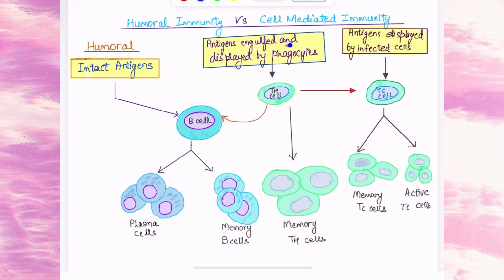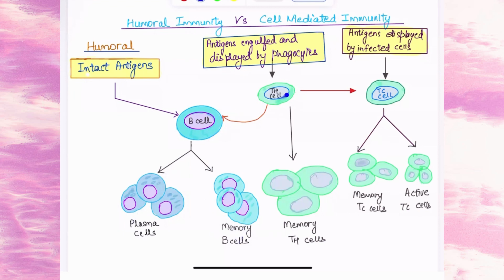Whereas antigens which are engulfed and displayed by phagocytes or antigen-presenting cells to the T helper cells are a linking step between innate immunity and adaptive immunity, where dendritic cells usually act as evidence collectors. They collect evidence in the form of antigen fragments and present them to the T helper cells. And then these T helper cells can communicate with B cells, resulting in plasma cell and memory cell formation.